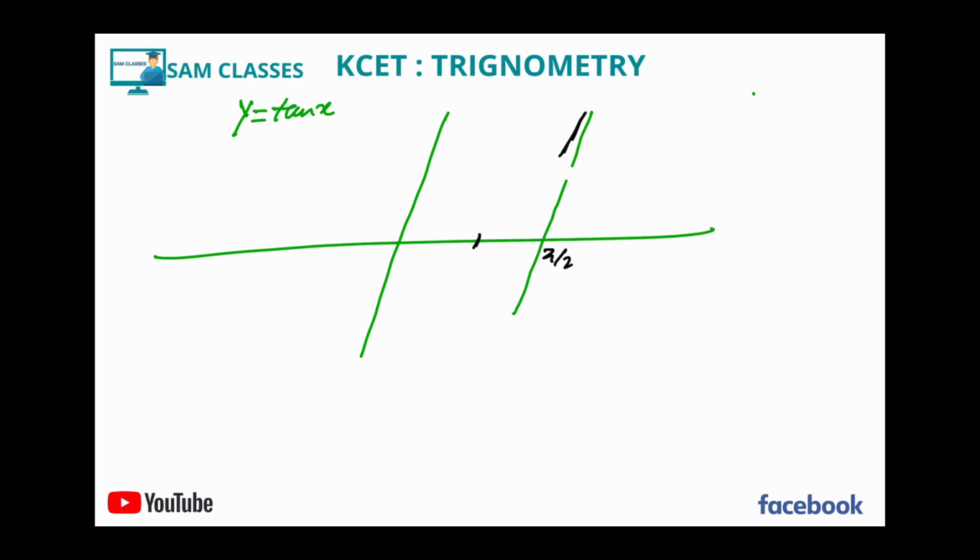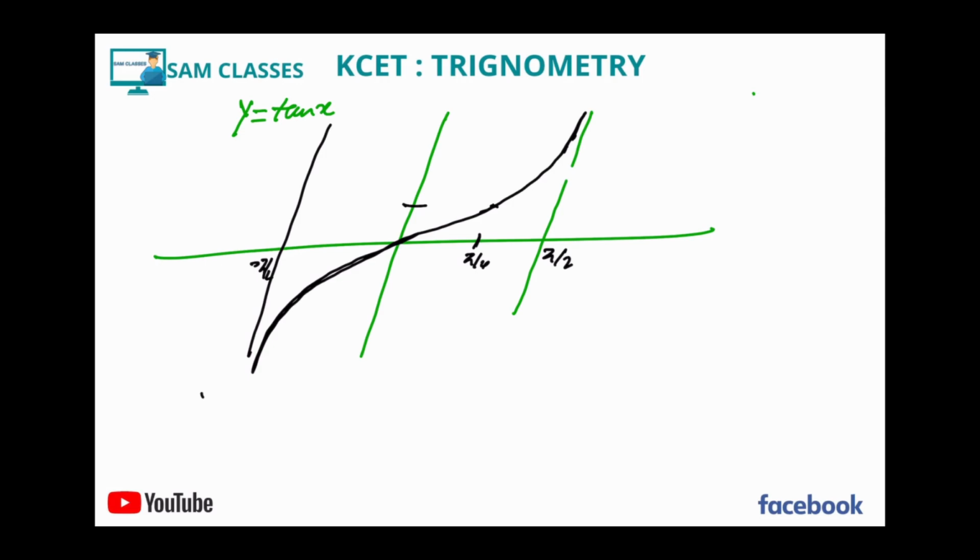Now at pi by 4, means 45 degree, the value is 1. So it comes like this, and at 0, the value of tan 0 is 0, and then again at minus 90, it goes back to minus infinity. So this is how simple the graph of y is equal to tan x is, okay, clear.